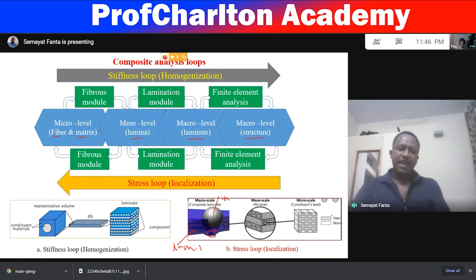Or if there is an interlaminar separation like delamination in the structure, that will be easily analyzed in the meso and the macro scale. So this is the stress loop or localization loop.